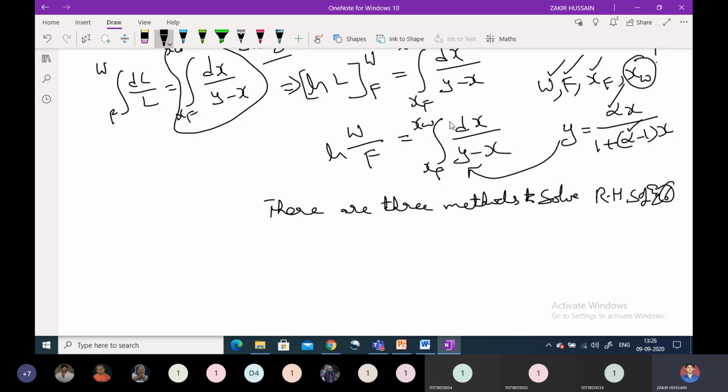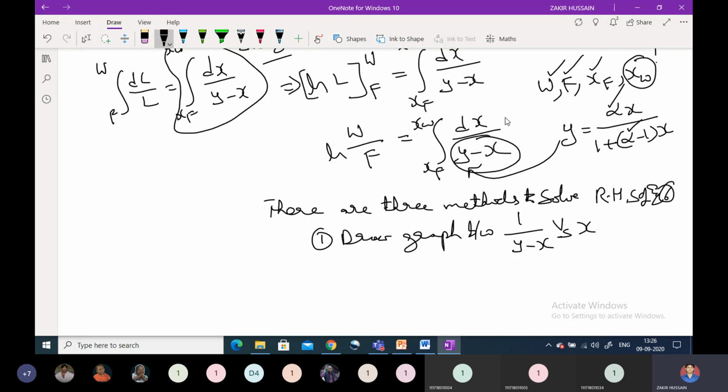One approach is we can just draw a graph between 1 by (y minus x) and x.